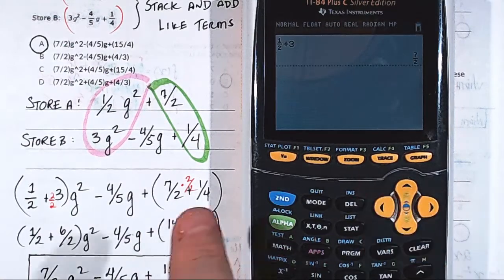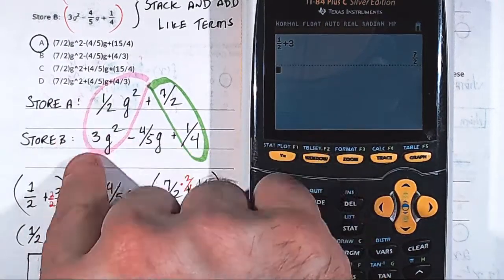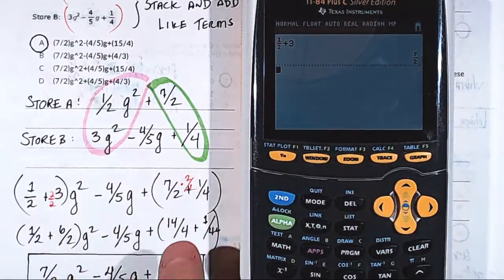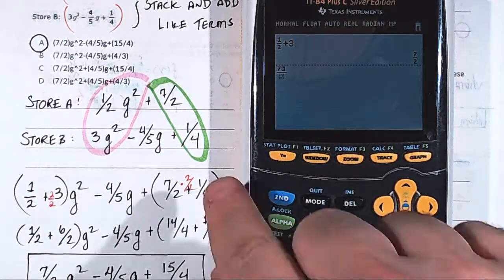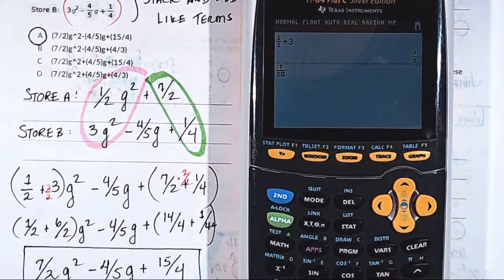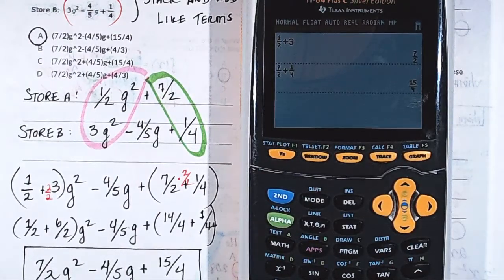And that will give you 7/2, without having to go through this step. And then over here you have alpha y equals, enter, 7/2 plus alpha y equals, enter, 1/4. And that gives you 15/4. So you're looking for 7/2 and 15/4.